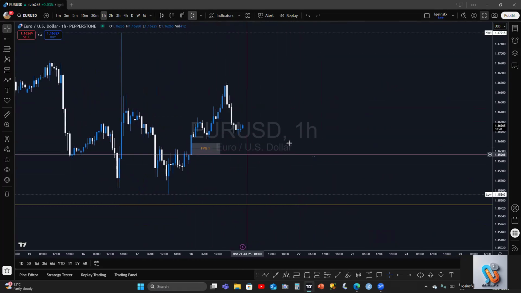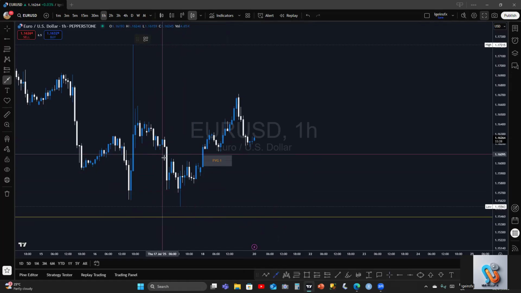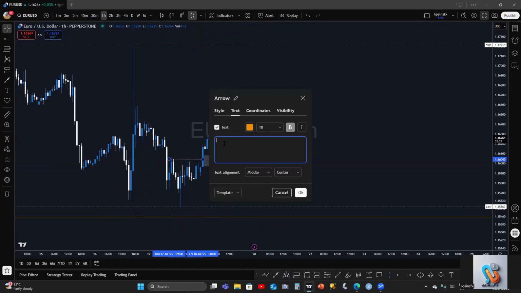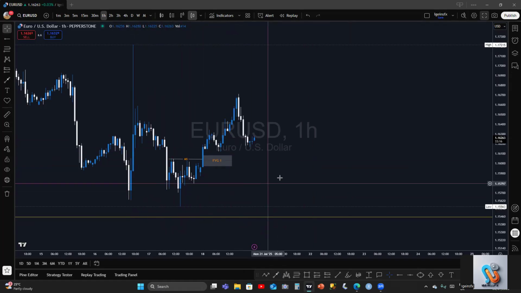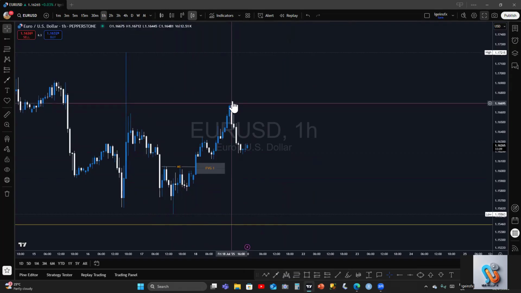All we need to do right now is, we have seen that there is already a market shift here. We need to just mark it here so that we know that right here, market shift happens. Immediately market shift happened, there was a push to the upside, then it created this high.